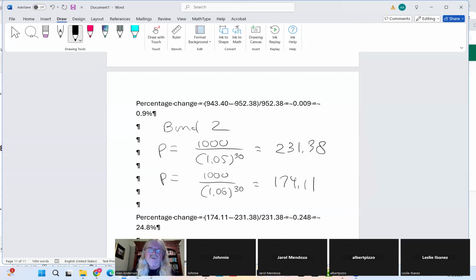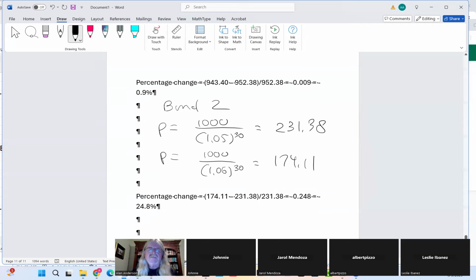In other words, if yields were to drop, I'll make a little note here. Yields drop, second bond has a much larger rate of return.